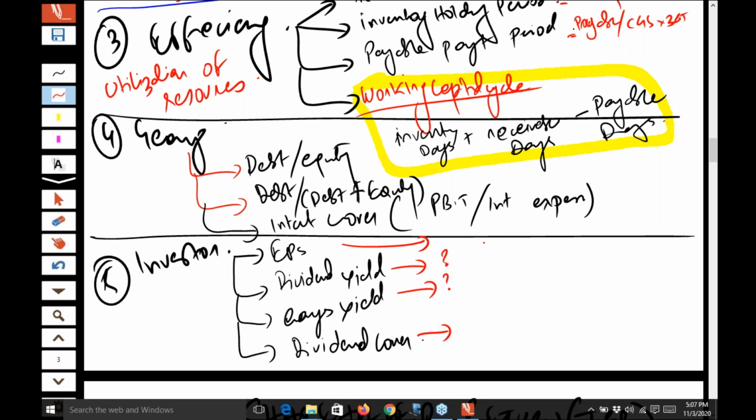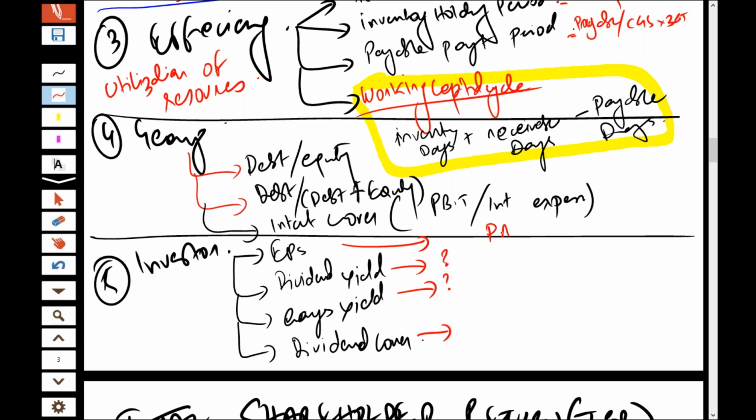Now, anyways, there is one student who has mentioned the formula for the EPS. Unfortunately, he has mentioned PBIT divided by number of shares, but it has to be PAT, the profit after tax, divided by number of shares. That's what the formula is.